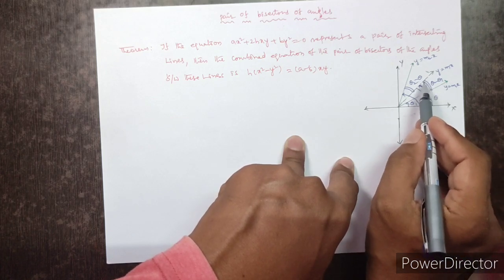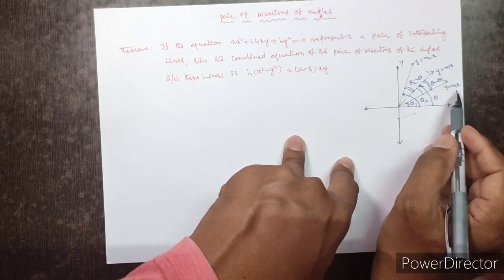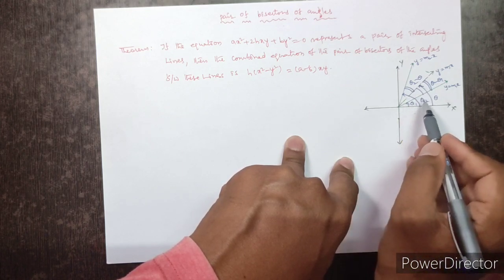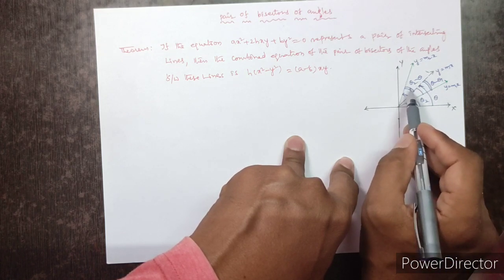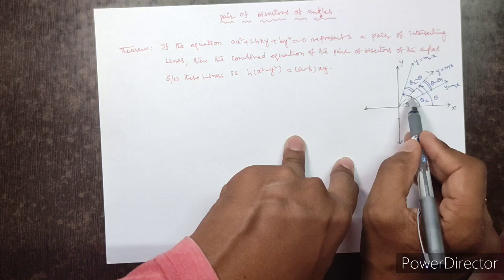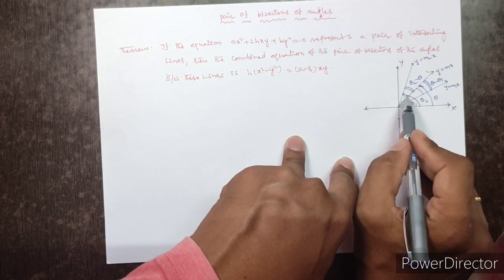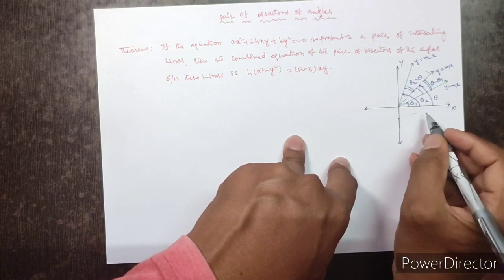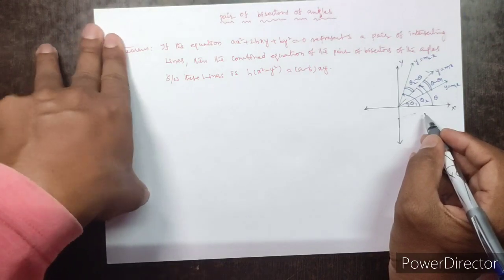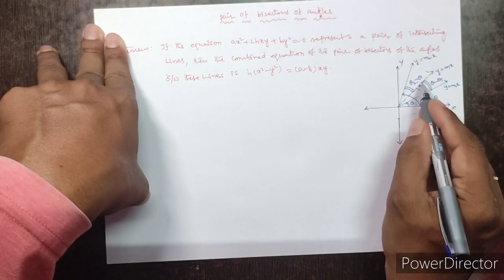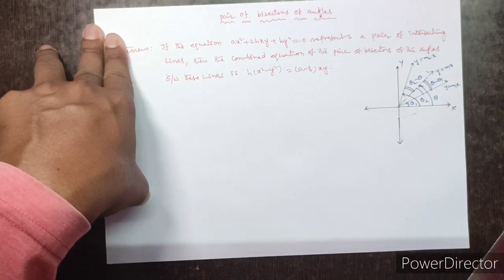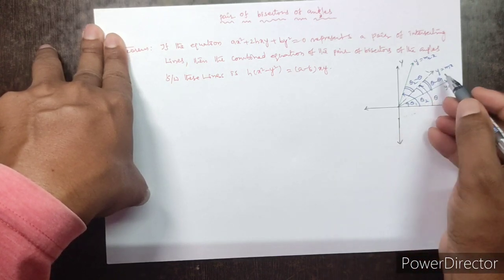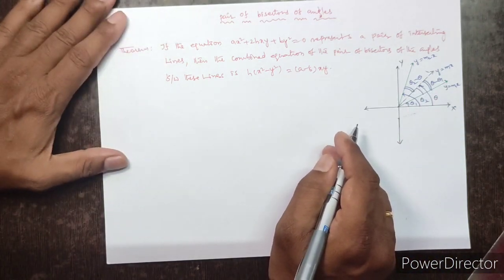This is the angle between y equal to mx and y equal to m1x, theta minus theta 1, and this is the angle between y equal to m2x and y equal to mx, theta 2 minus theta. Now these two angles theta 2 minus theta and theta minus theta 1 are equal because this line is the angular bisector.